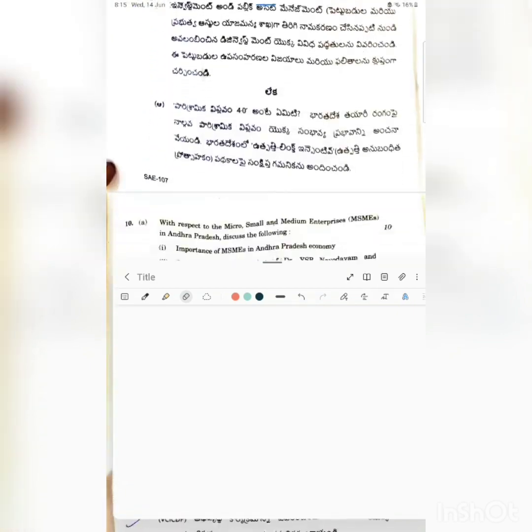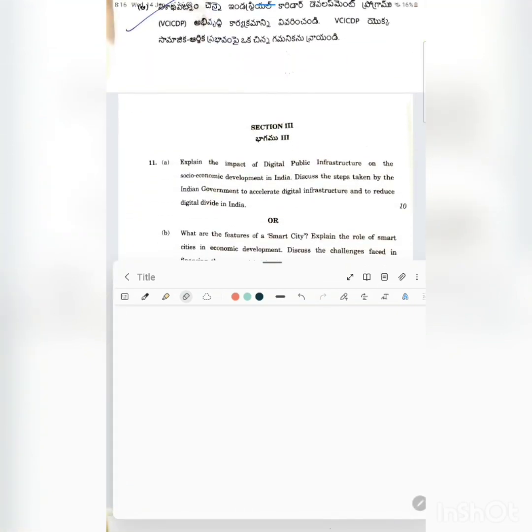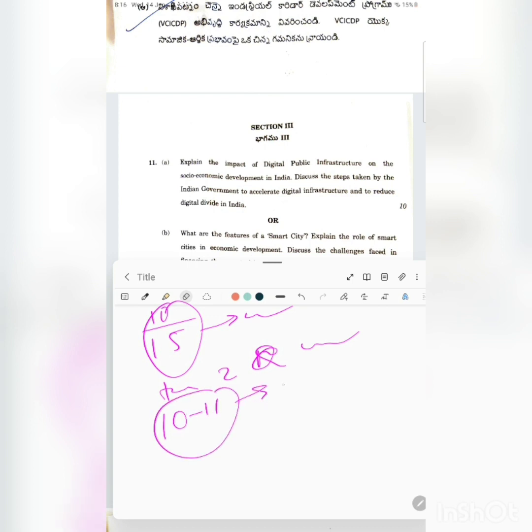Overall, out of 15, 10 questions we can answer comfortably. Due to time pressure, 2 questions might get impacted. Otherwise, 10 to 11 questions an average student can solve, who has very good conceptual clarity.